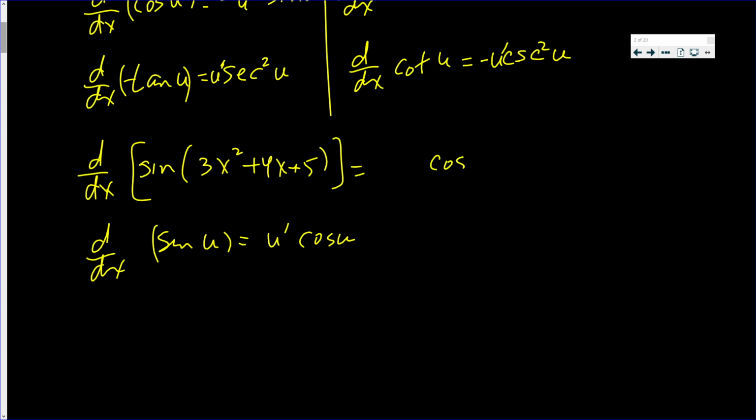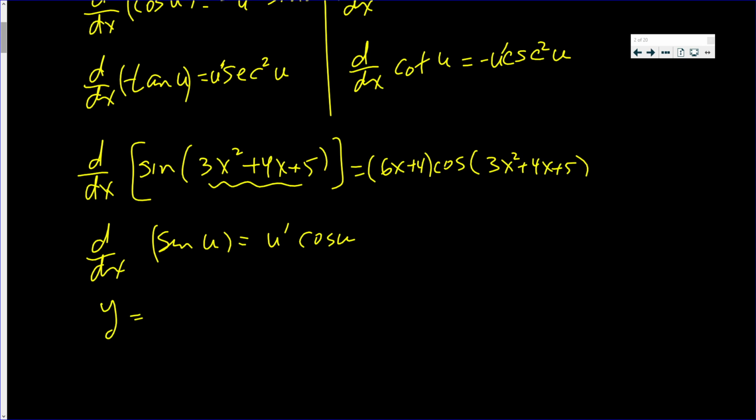The angle never changes. So we're going to get the cosine of u, that's u, times u prime, which is 6x plus 4. And there is your answer: 6x plus 4 times the cosine of that angle.